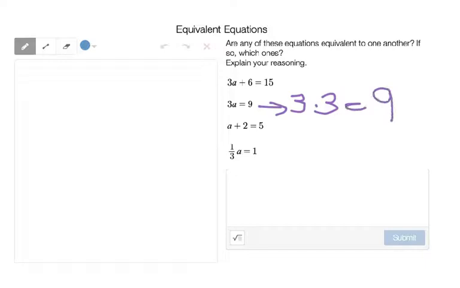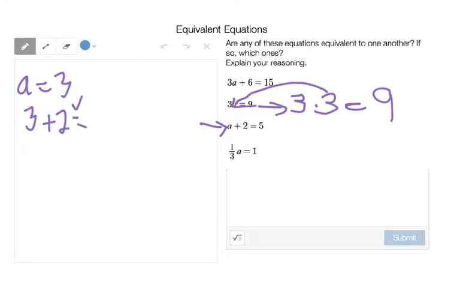That means a was equal to 3 in that case. So I want to know if a was equal to 3 in all the rest of them. Let me try this one right here. 3 plus 2 equals 5, yes. So this one and this one are equivalent.